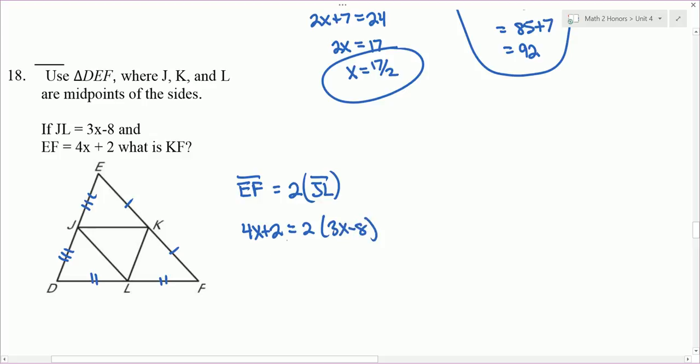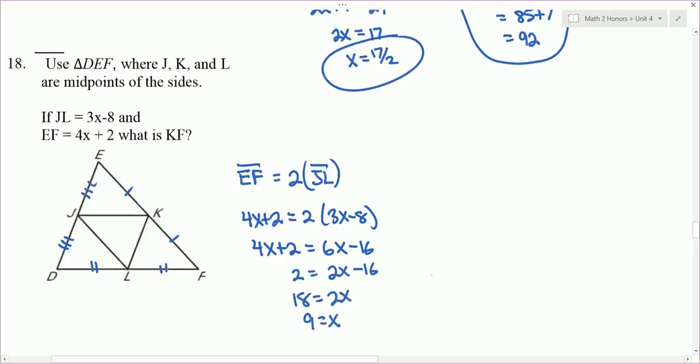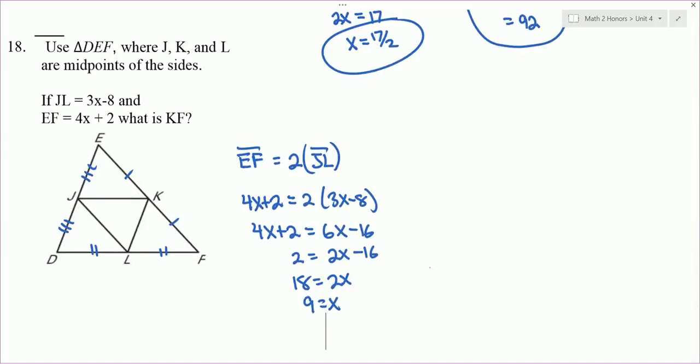Now we can solve for x. Going to subtract 4x from both sides. Add 16. Divide by 2. And we get x is 9. Now we're looking for KF.